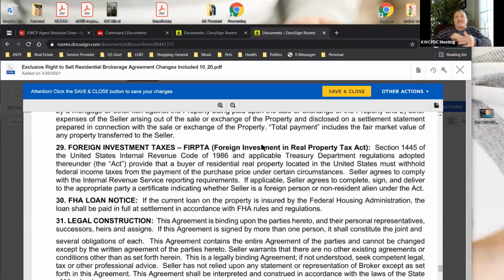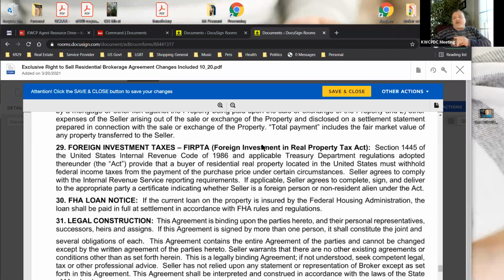So if there are taxes due because of the sale of the property, and the seller is a foreign person, meaning that they don't have a social security number, then the US government doesn't have a way to capture the taxes back from them if they are out of the country. So FIRPTA is a law that was enacted to make sure that the US government has a way to collect that tax.